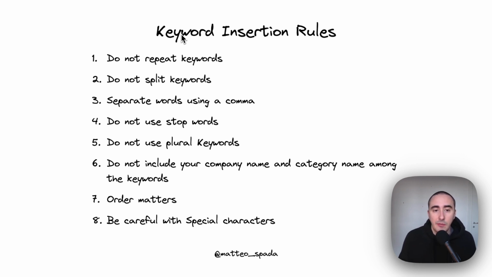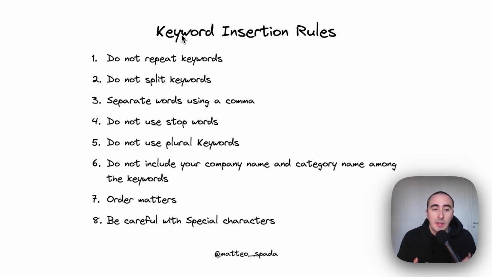I mean, if you insert in the title habit tracker, you can't insert in your subtitle habit tracking, for example. They are two different long keywords, but at the same time the keyword habit is in both. So you need to avoid this mistake. The right approach is simple: divide this keyword. For example, insert habit tracker in the title and tracking, for example, in the keyword fields.